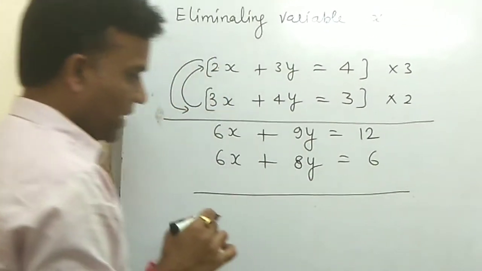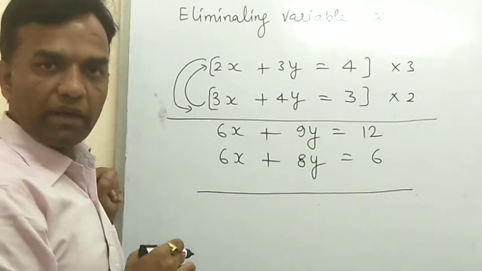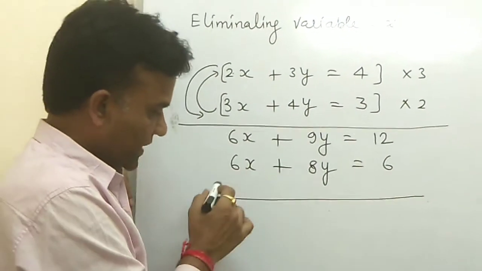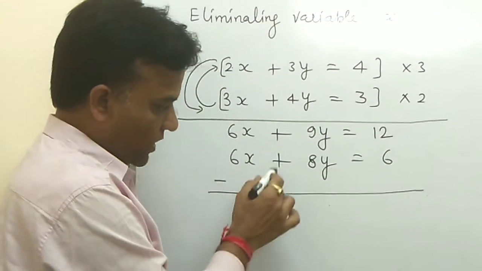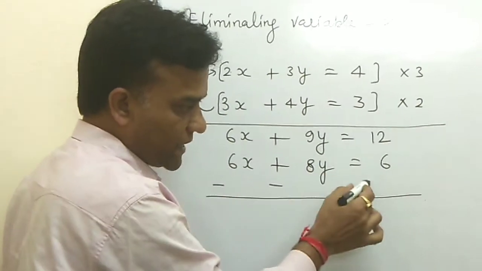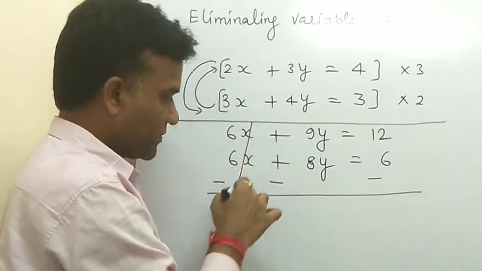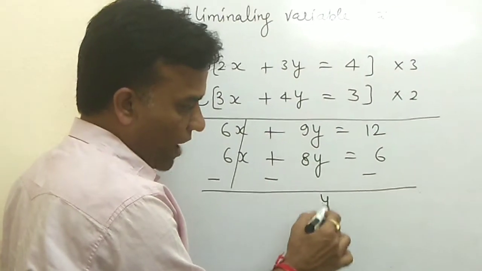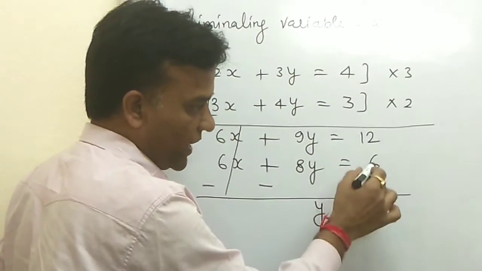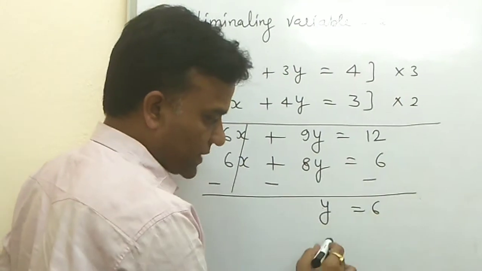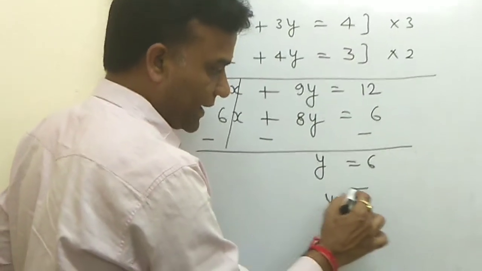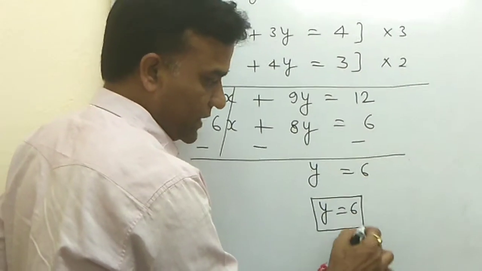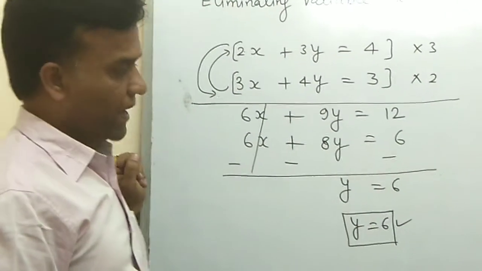Now underline, and since this variable now has the same coefficients, you change the sign: plus becomes minus. So the x variable is cancelled out. And 9 minus 8 leaves y only, and 12 minus 6 gives 6. So you got the value of y directly.